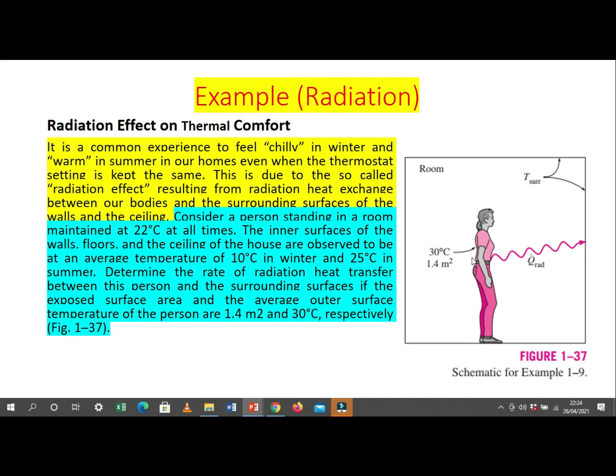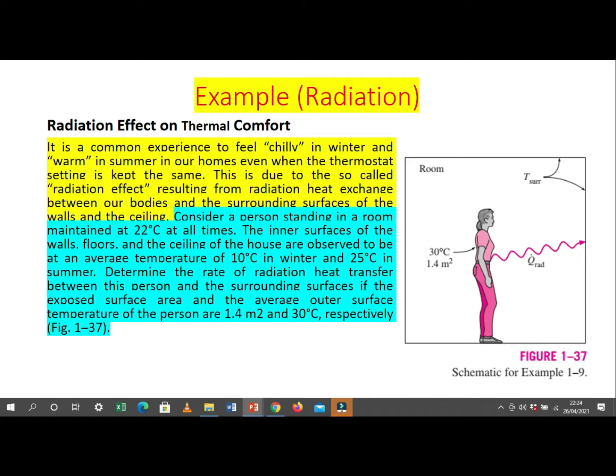So here we have two things to determine. The first is the radiation heat transfer between this person and the surrounding walls, ceiling, etc. This person has a temperature of 30 degrees centigrade and a surface area of 1.4 square meters, and the surrounding temperatures are for two different seasons.